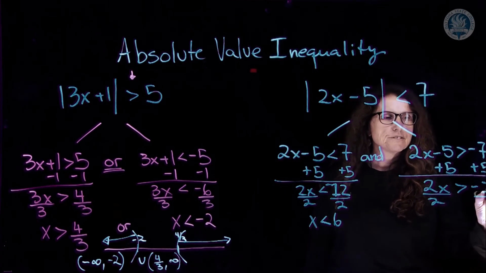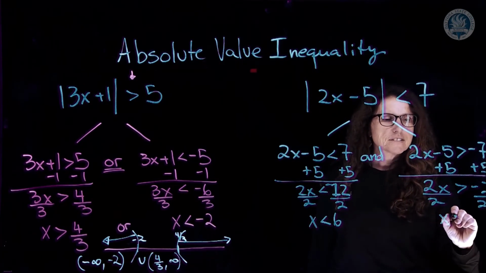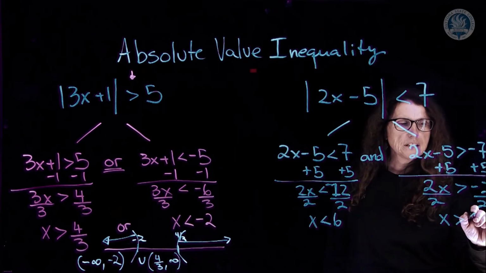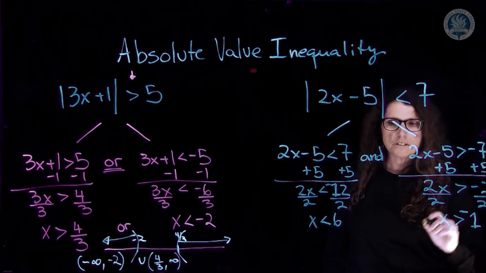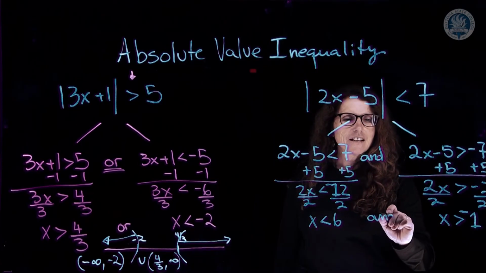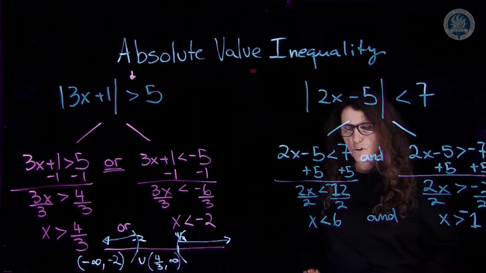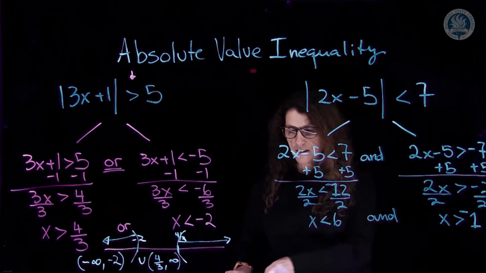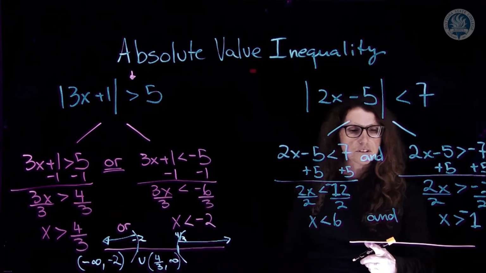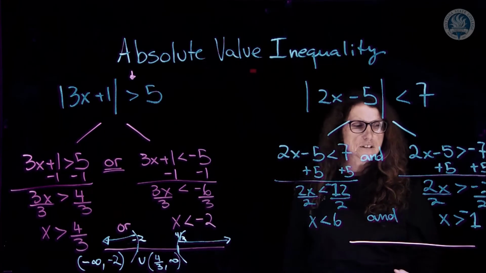Divide by 2. X is greater than negative 2 divided by 2, which would be negative 1. So x is less than 6 and greater than negative 1. Usually we say the negative 1 first. The order is not that important as long as you have the correct number line.